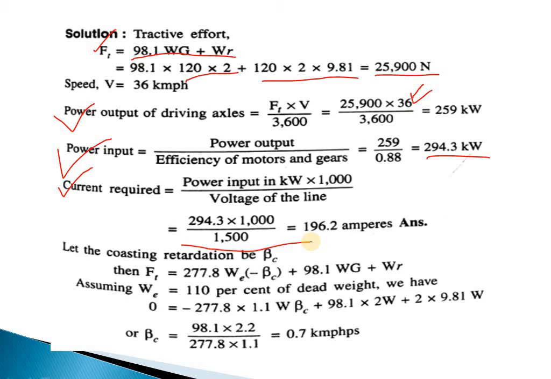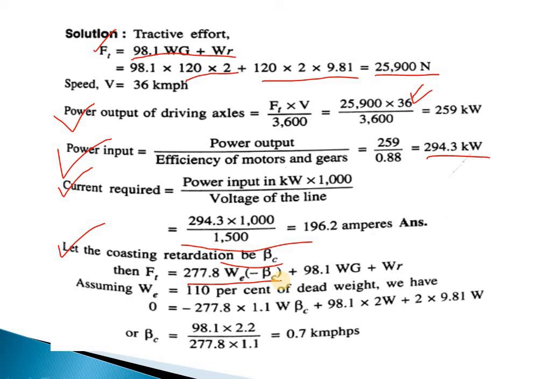Now we will calculate the coasting retardation, let it be Bc. Then Ft equals 277.8 We Bc plus 98.1 Wg plus Wr.